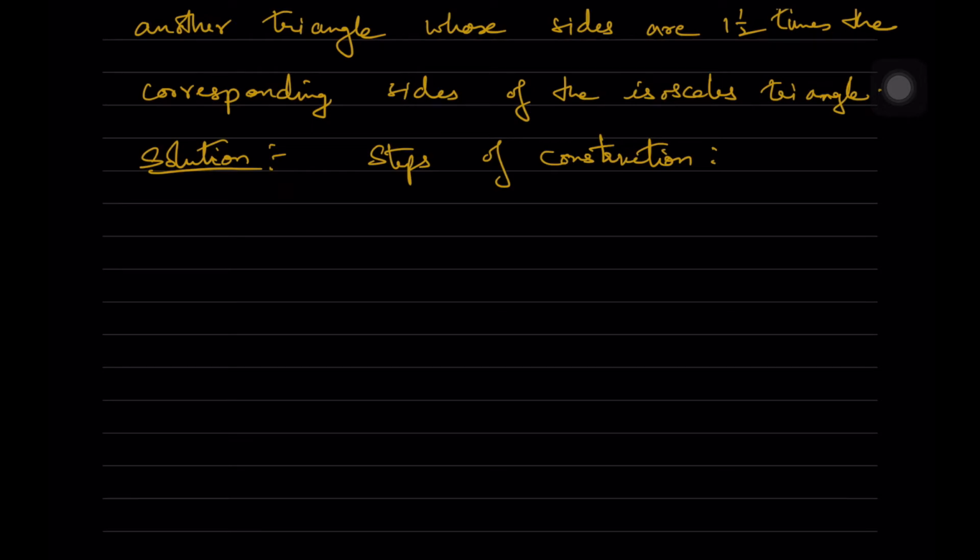Altitude means we have to draw a line perpendicular to this. The first step is draw a line segment BC equal to 8 centimeters.